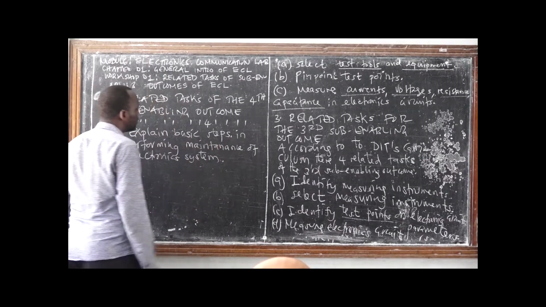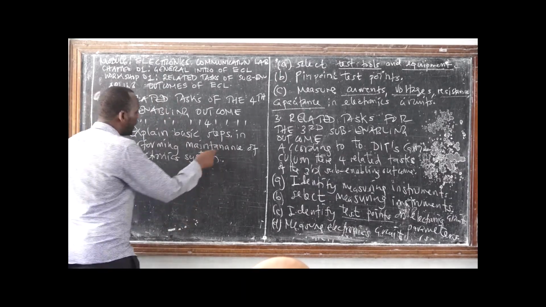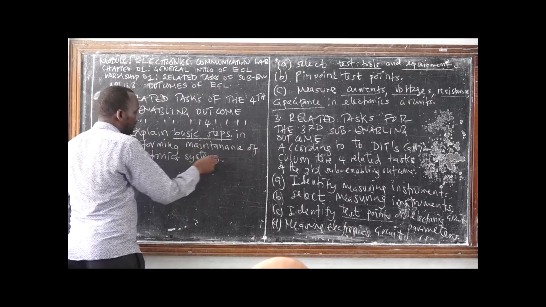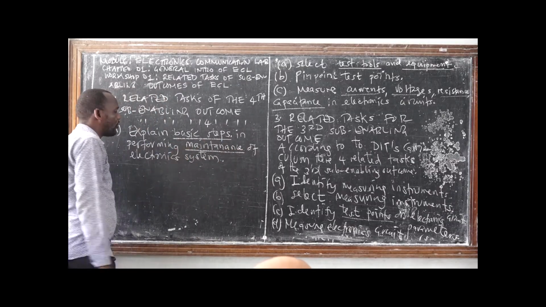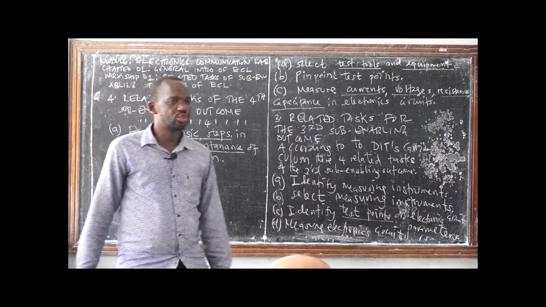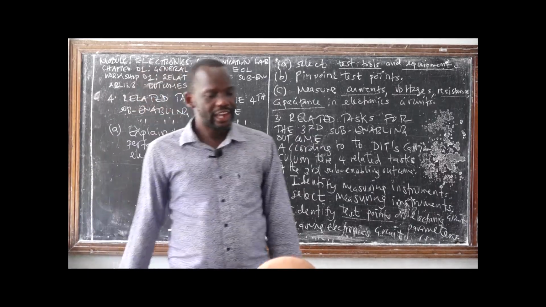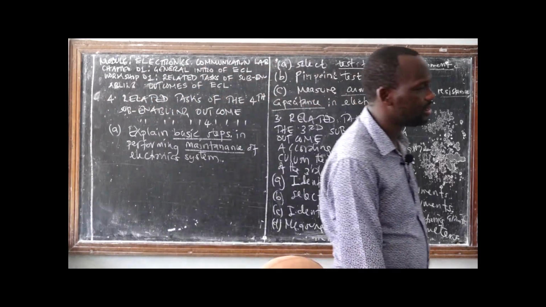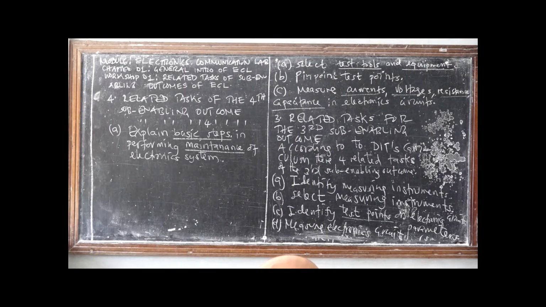basic steps in performing maintenance of electronic system. So there are basic steps, and also there are intermediate steps, and also there are advanced steps of performing maintenance of electronics communication system or device.